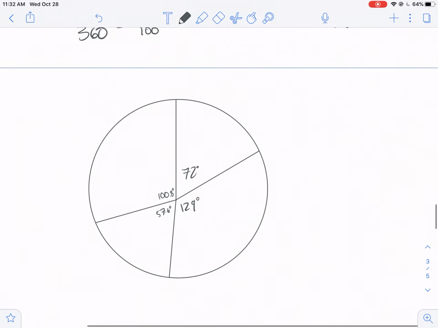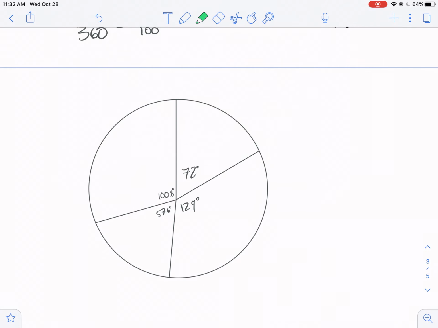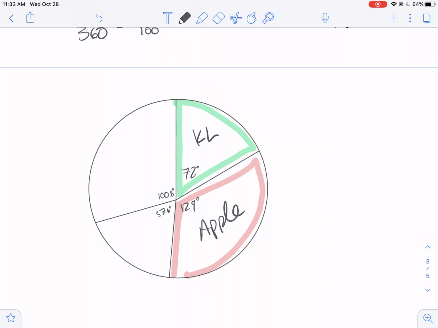And then we should probably label our pie slices as our final step. We've got key lime right here, key lime. We have apple over here, and then we've got pumpkin. Oh, this is like the perfect pumpkin spice color.